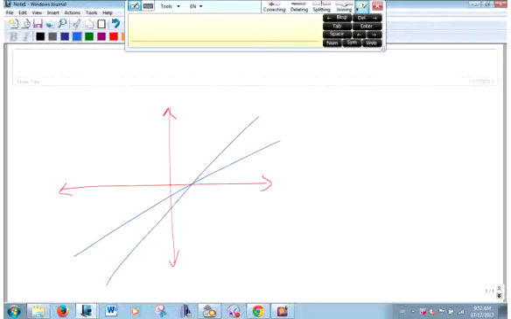There's two lines. What do we notice about those lines? They cross. What other choice is there if you have two lines on a graph? What's the opposite of what that was? What if they don't cross?